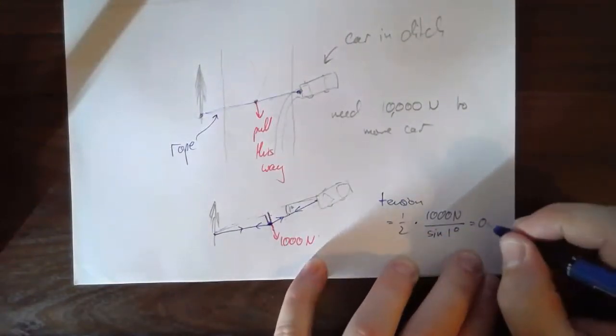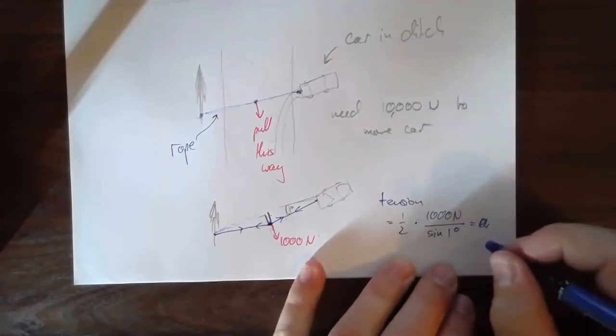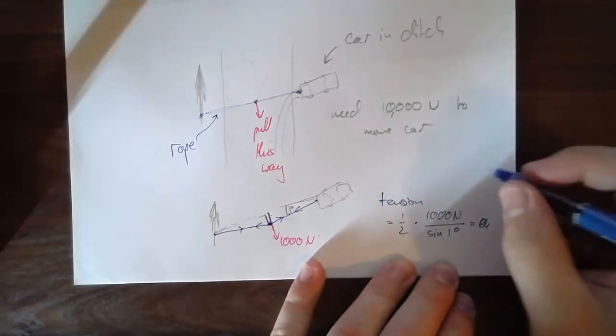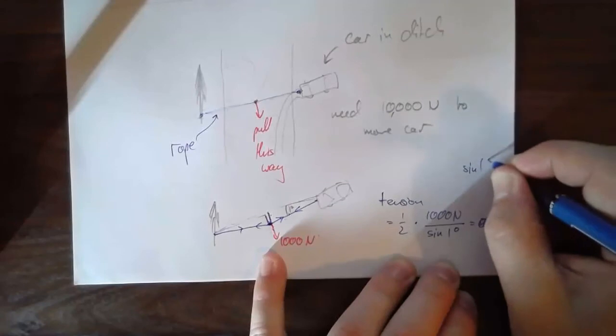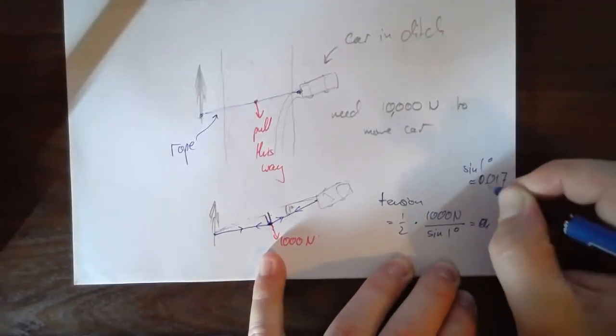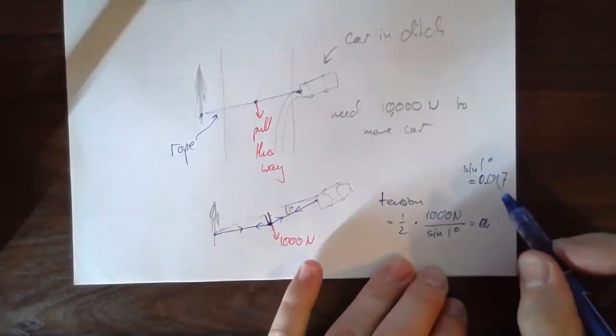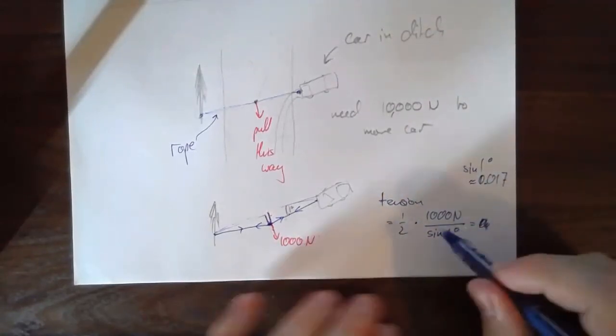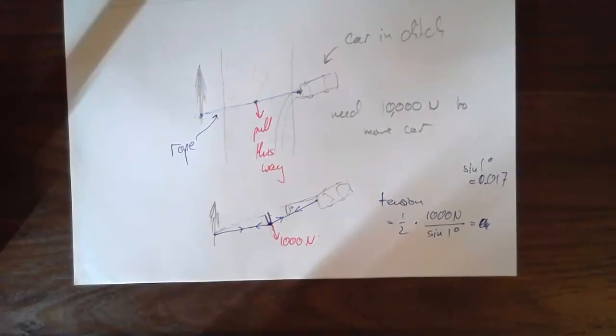But then times the sine of 1 degree, which is something like 0.017. It's a tiny, tiny number, right? So what does that make? Well, let me type it into the calculator. Let me see.